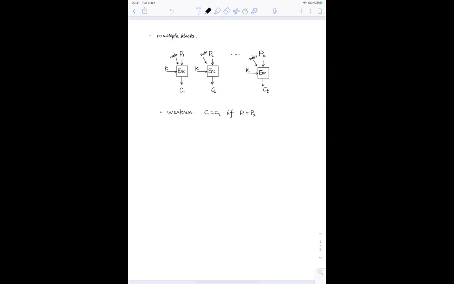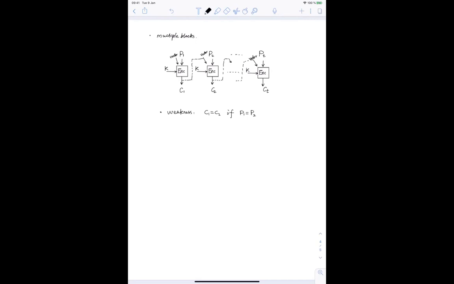So here we can use the output of the first block, C1, as the input vector to the second block, and use the output of the second block for the third block. We can repeat this idea.